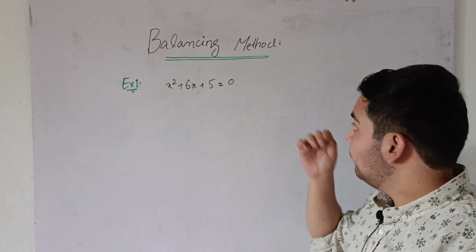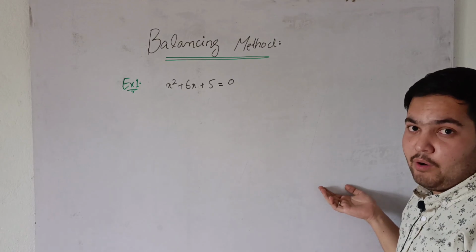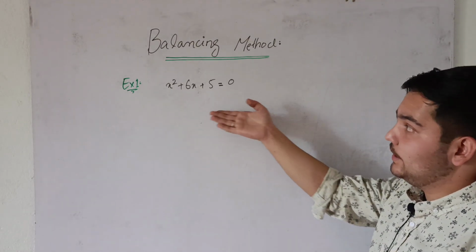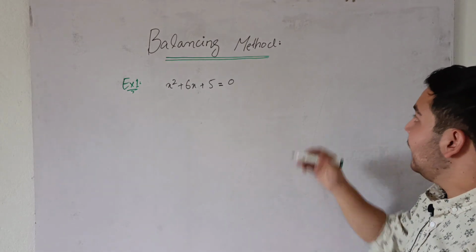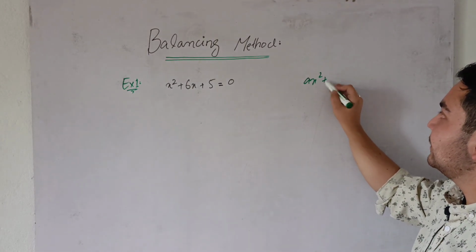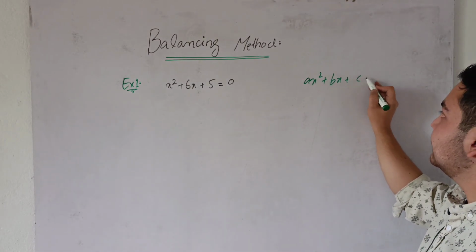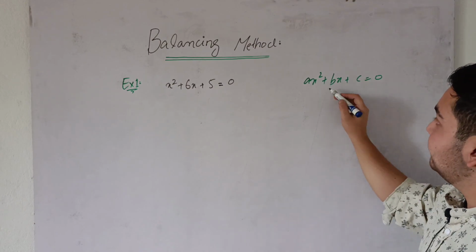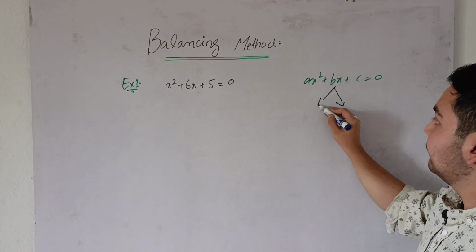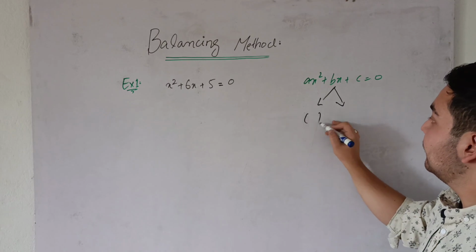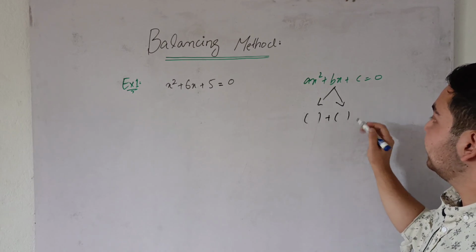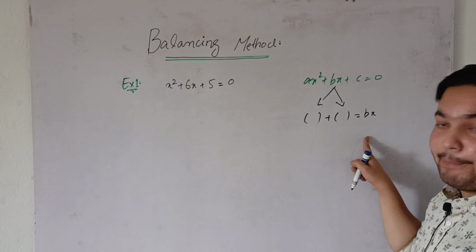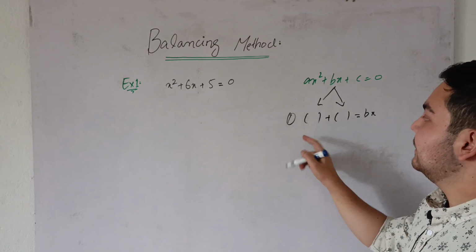I will do a general form here, and after that I will do this example. We have the general quadratic equation ax square plus bx plus c is equal to 0. You have to split the middle term into two terms such that if we add these two terms we again get bx. That is the first condition.